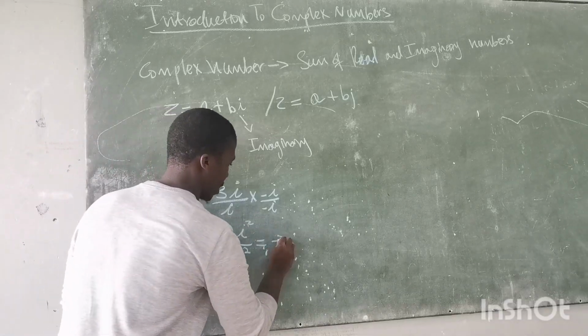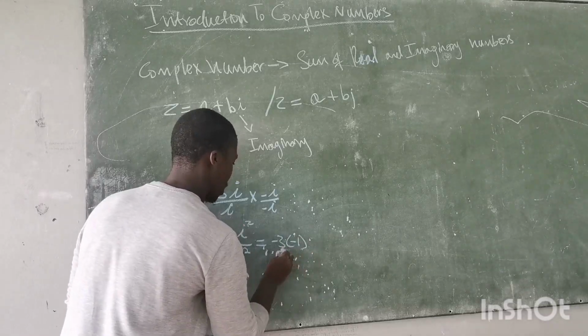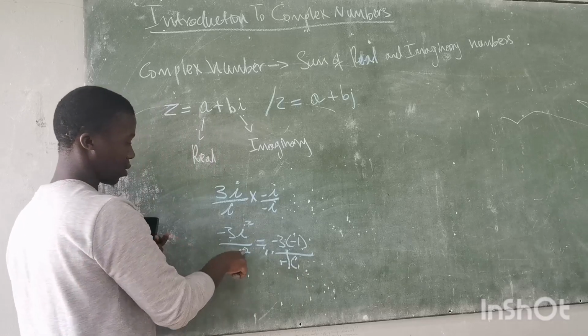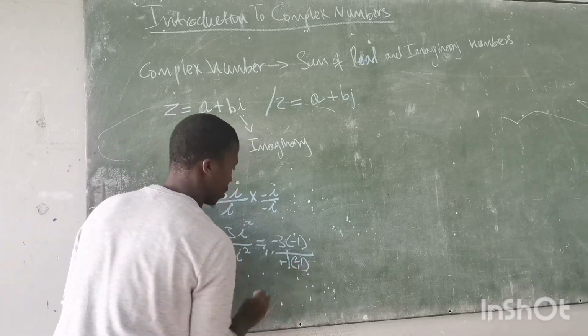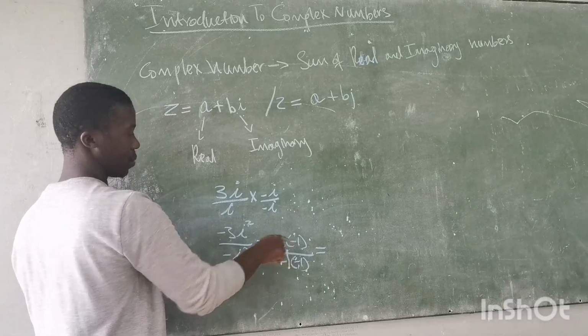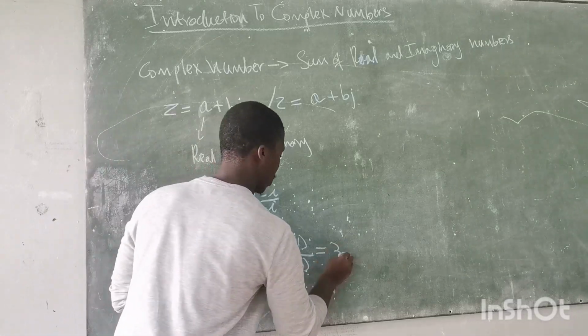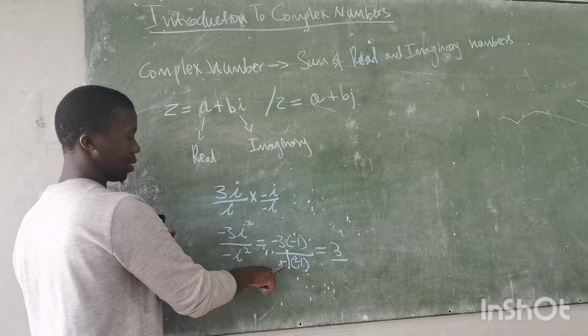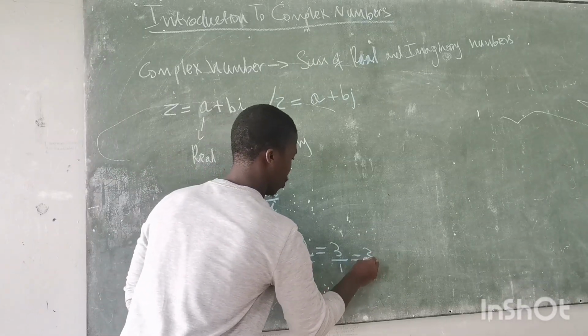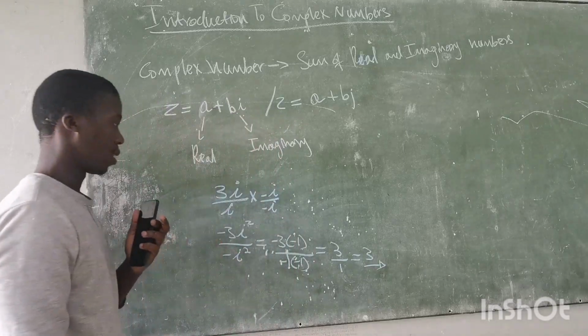So you have negative 3 times negative 1, all over negative times i squared, which is another negative 1. So you're going to have 3 times negative 1 being positive 3, all over negative times negative 1, which is positive 1, right?